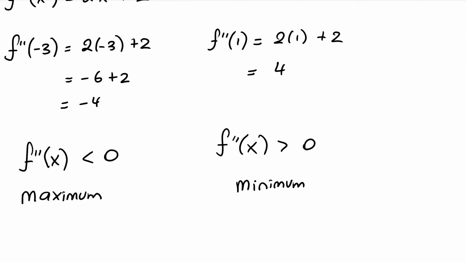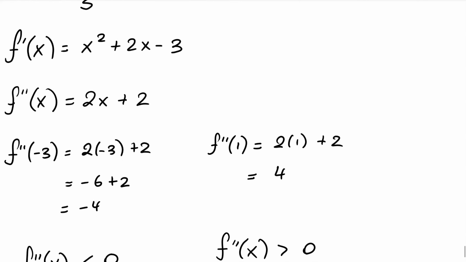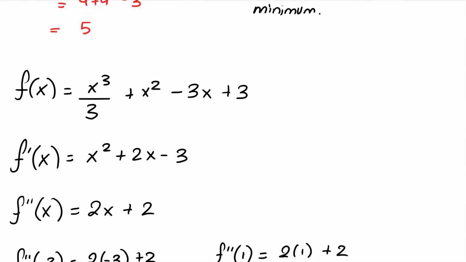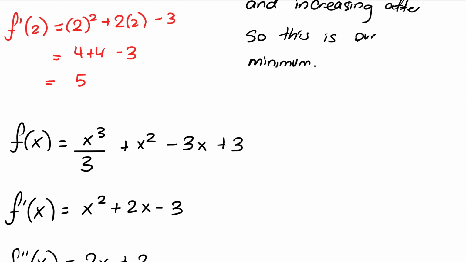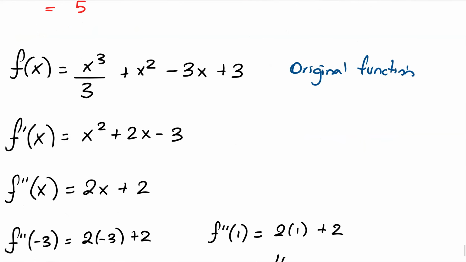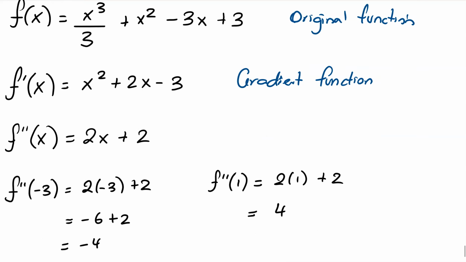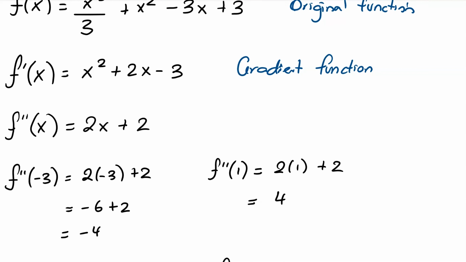Now, in simple words, this over here is our original function. I'll write it down. This over here is our gradient function. Right? And this is the gradient of our gradient function, or the gradient function of our gradient function.